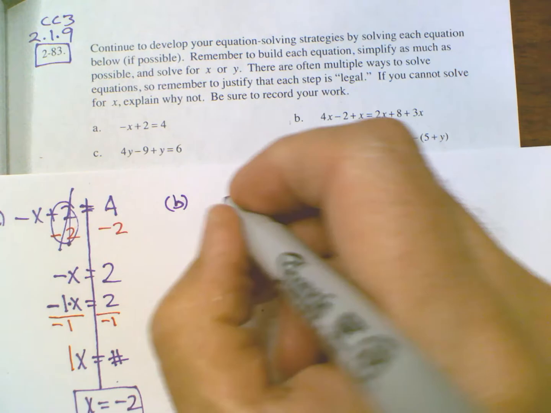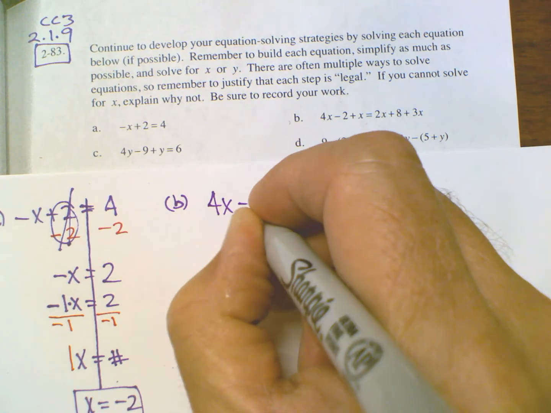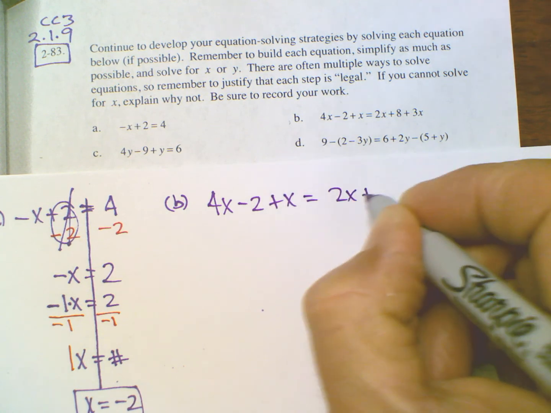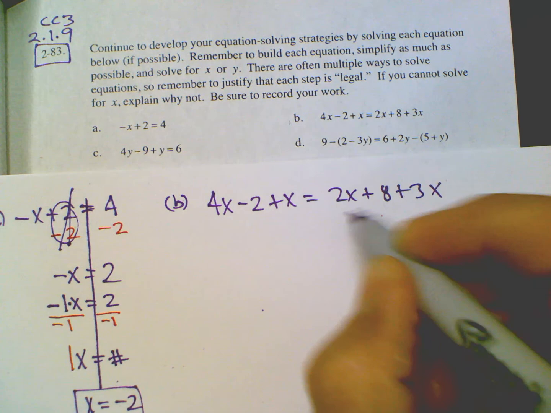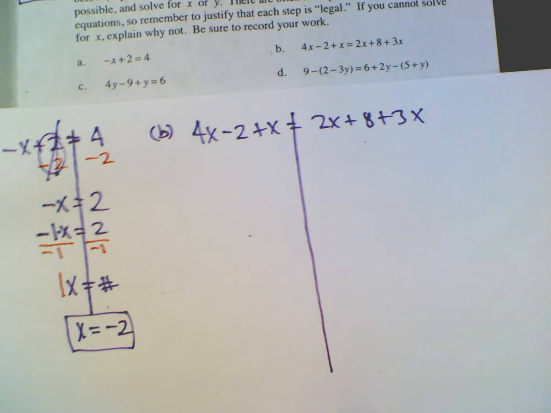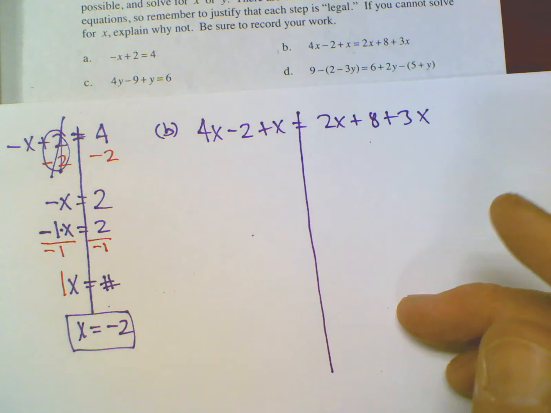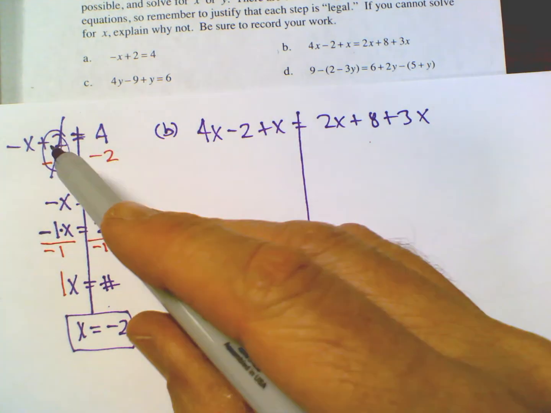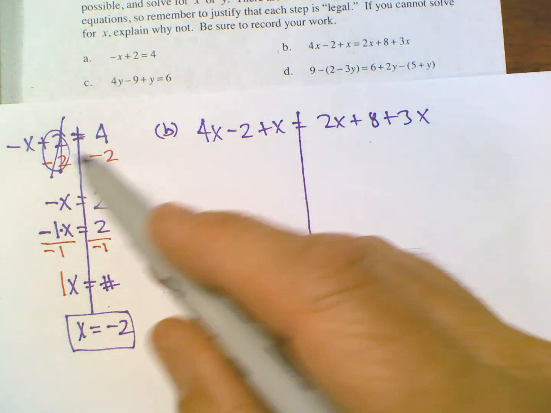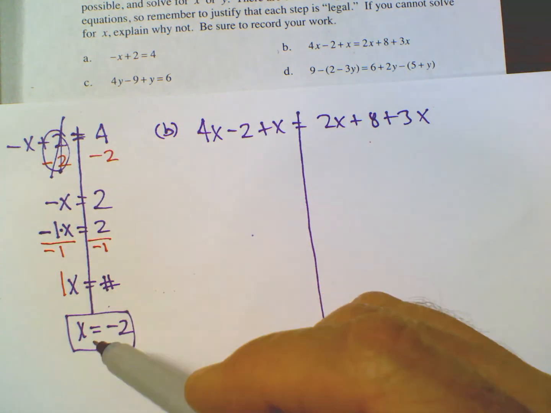Get that x alone. So 4x minus 2, I'm on B, plus x is equal to 2x plus 8 plus 3x. So I draw my equation line down the middle so that I'm keeping things equal. Over here in A, we didn't have to do any simplifying. We started just eliminating things from both sides in order to get my x alone.